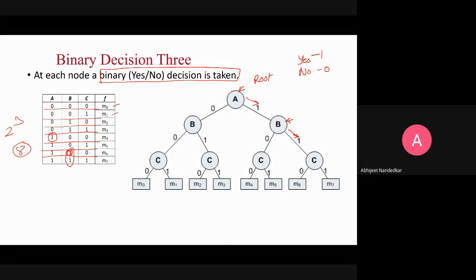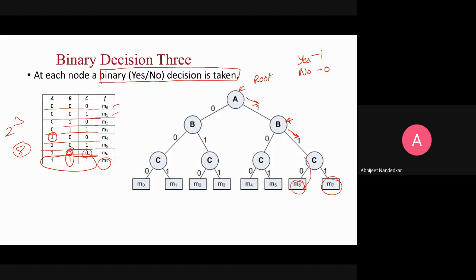It can be with C equal to 0 or it can be with C equal to 1. So given B is 1, A is 1, C is 1, then everybody is 1. So my class is M7. If this C is 0, then I will move this side. Then my class is M6.